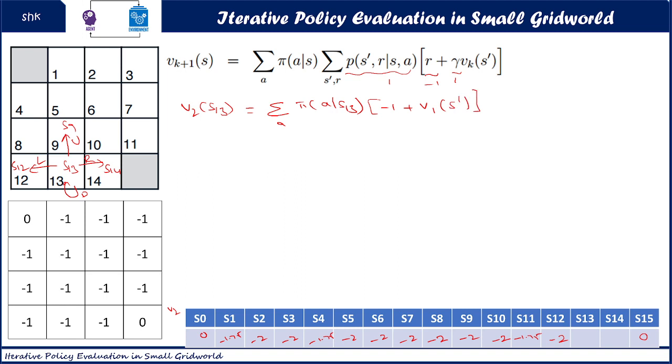Now expanding this for all the actions, left, right, up and down, we can write the probability of left action from S13 state, minus 1 plus V1 of... When you take the left action from S13 state, the next state is S12, plus the probability of right action from S13 state, reward is minus 1, V1 of... When you take a right action, we change the state to S14.